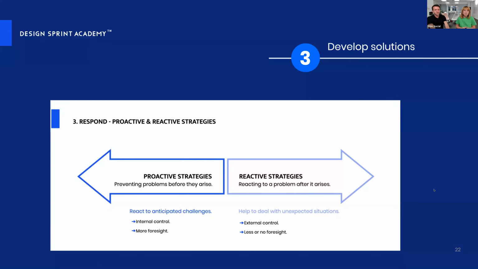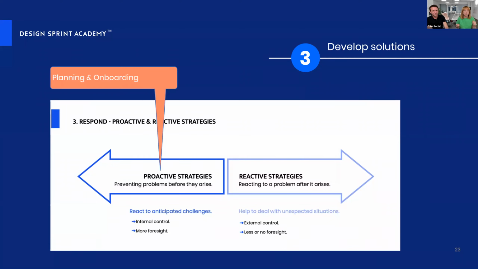And since we were already engaged in running a design sprint for a client, we thought, okay, let's see what we can do beforehand in order to prevent all the things that might go wrong throughout the sprint. And today we're going to focus on two proactive strategies, not all of them: planning and onboarding.